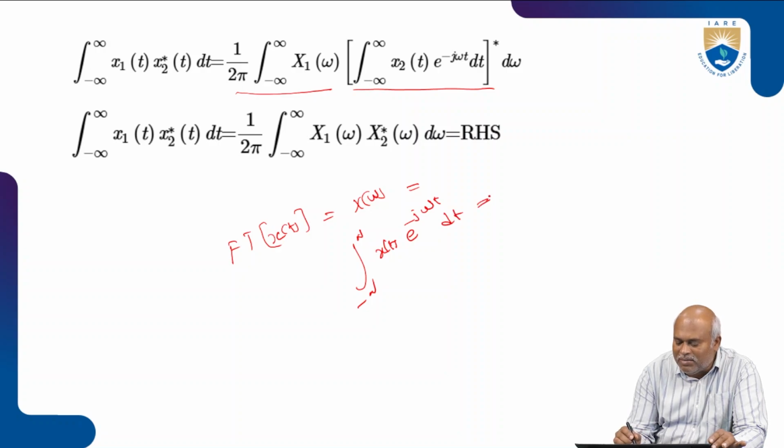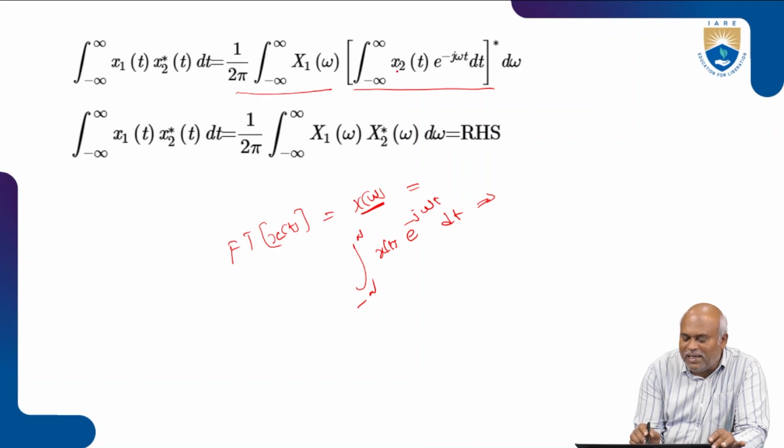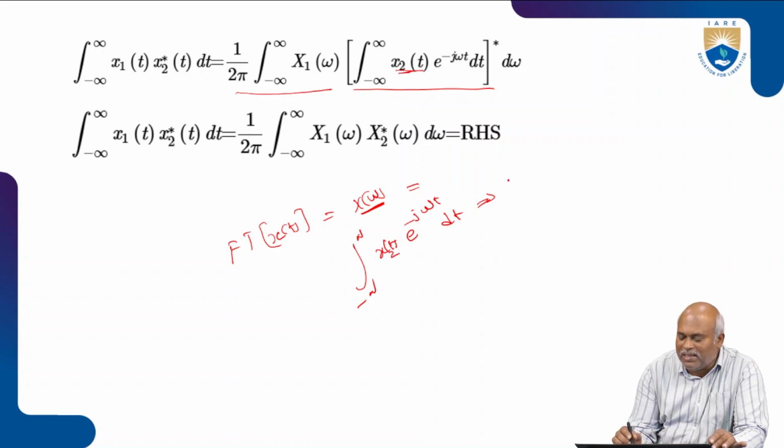So this term is represented as X of omega. Here we are using x2 of t, so it is called X2 of omega.